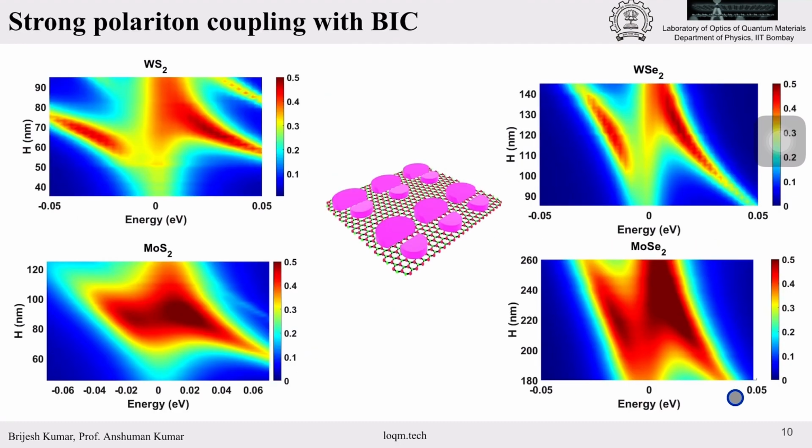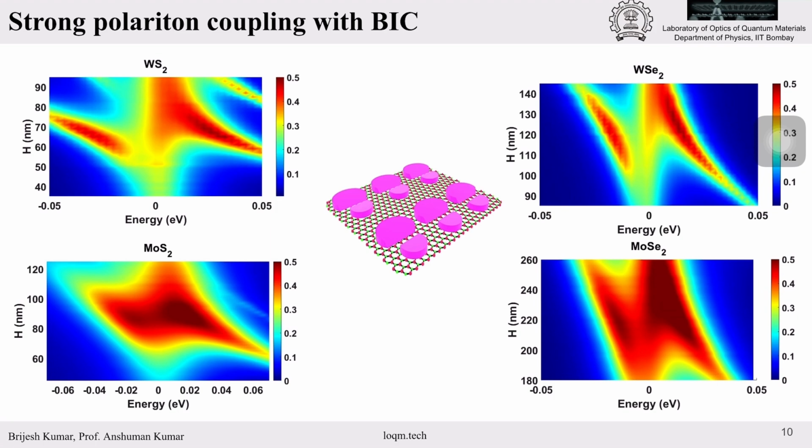For strong polariton coupling with BIC, we checked with WS2, WSe2, MoSe2 and MoS2 for different parameters, because the main condition for strong coupling is that the line width should be equal, as well as the peak position of this exciton and this cavity should be equal.